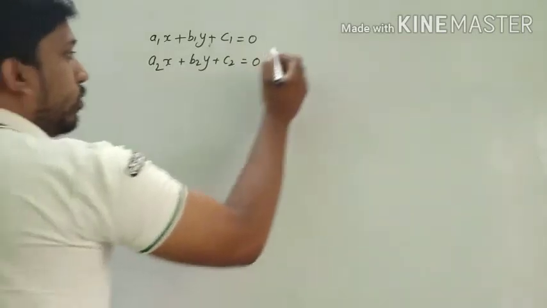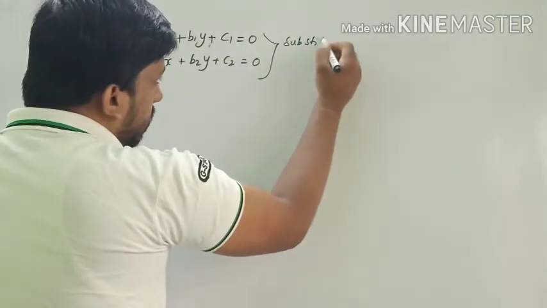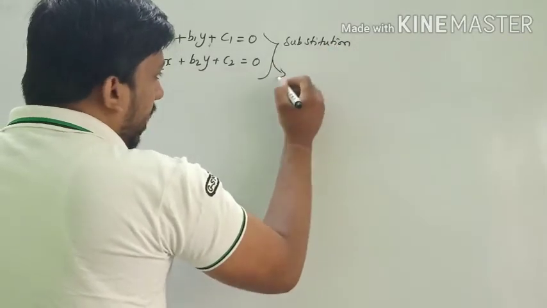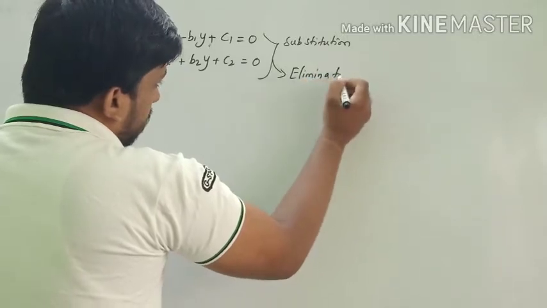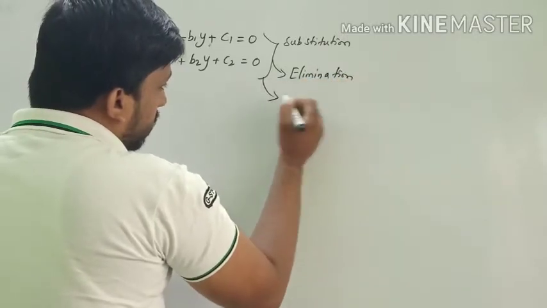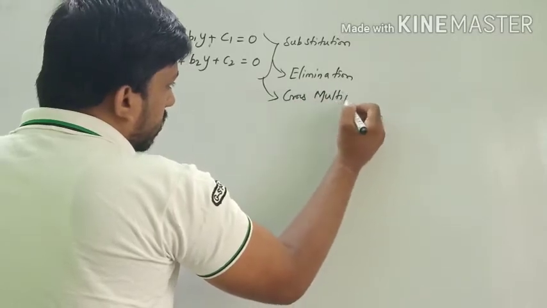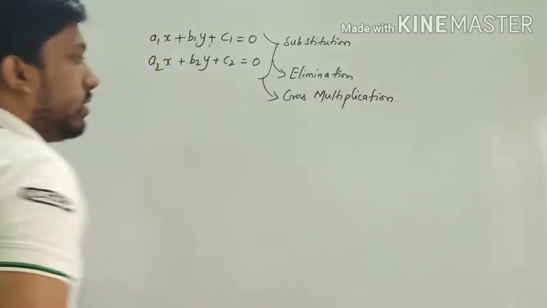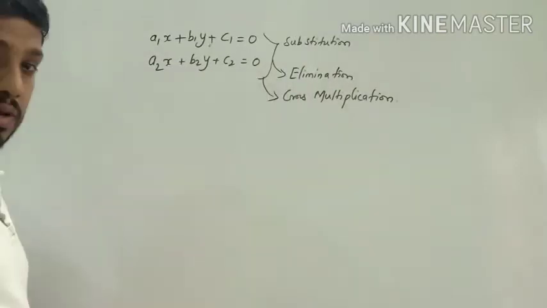So today we are going to do two methods, that is, one is substitution method and the other one is elimination method. Later in our videos I will be doing another method that is called cross multiplication method. So these three methods we will be doing, and today we will be doing substitution method and elimination method.